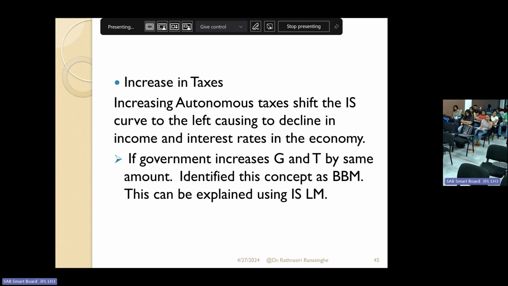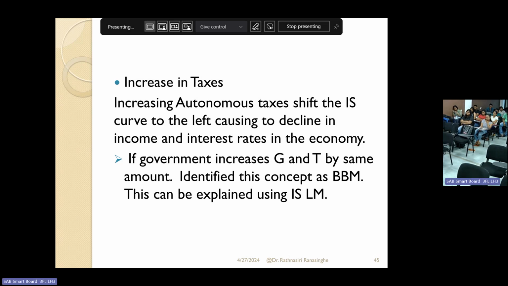So finally, the net effect equals the change in government expenditure. That means the balanced budget multiplier. We have these two multipliers: 5 minus 4 means 1. So that equals 1. Finally, we see if the government raises the expenditure and the taxes by the same amount, income will change by the amount of the government expenditure increase.